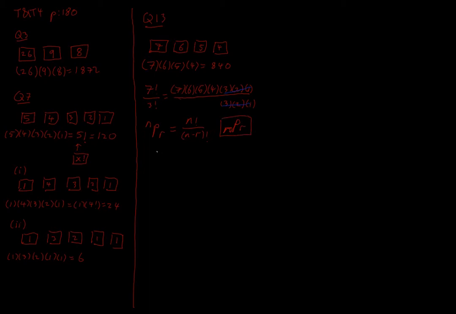So that's what the calculator button looks like for this function. So let's sub in here. n is going to be our number of books. It's the number of things in our original group, and r is going to be the subgroup that we're taking. So in this case, r is going to be 4. So we'd have 7P4 would be 7 factorial all over 7 minus 4 factorial, which is 7 factorial all over 3 factorial.